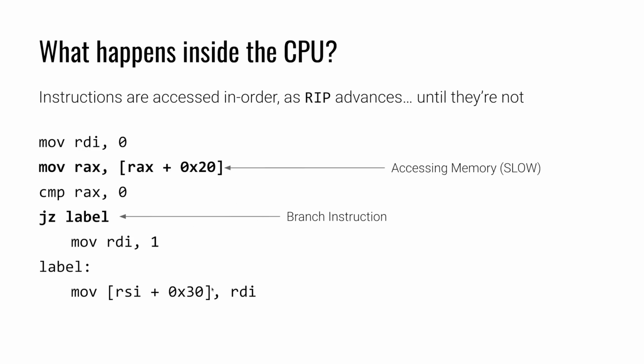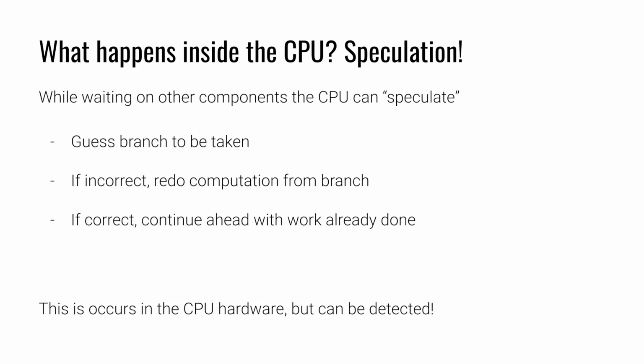And so we'll assume that that rollback is free. Spending our time that would be waiting, guessing, and then being right half the time is actually a massive performance improvement for the CPU. And so this is what's known as speculation or speculative execution. While waiting on other components, the CPU will guess a branch to be taken if we don't know the value because we're waiting on memory.